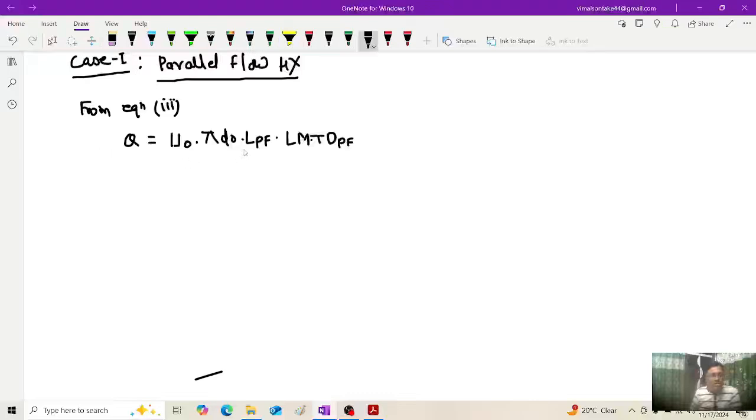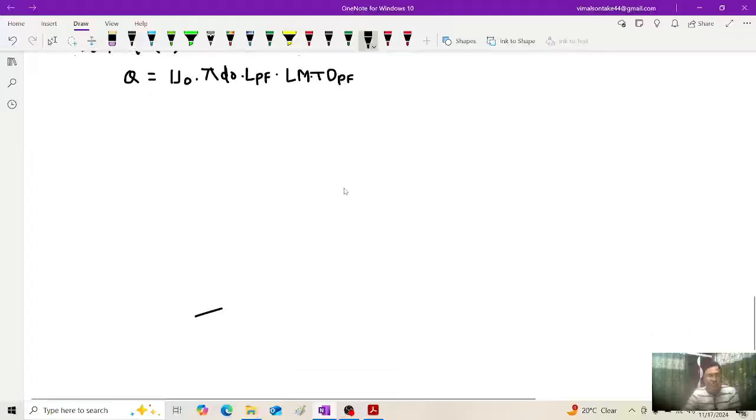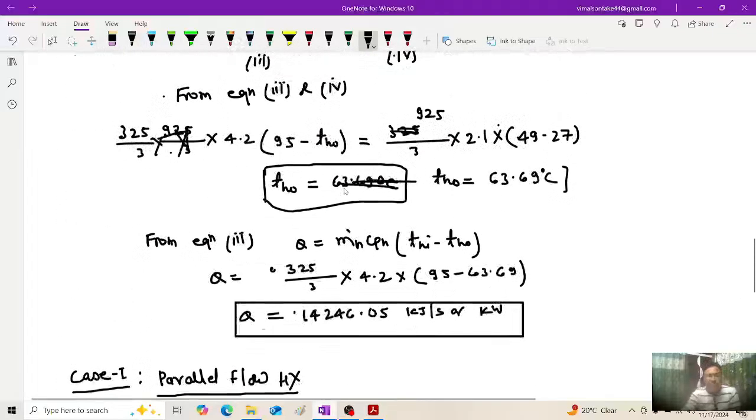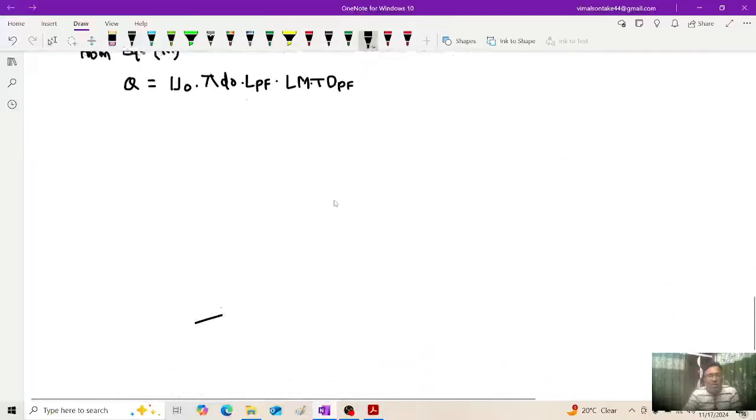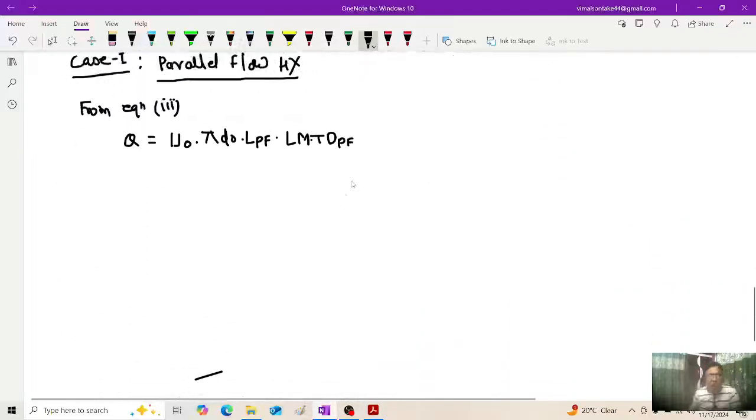So Q is known to me, diameter DO is known to me, LMTD for parallel flow is to be calculated and U naught is to be calculated. So let me give this as equation number 5.